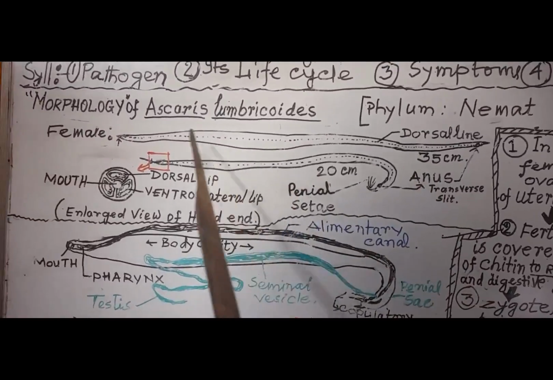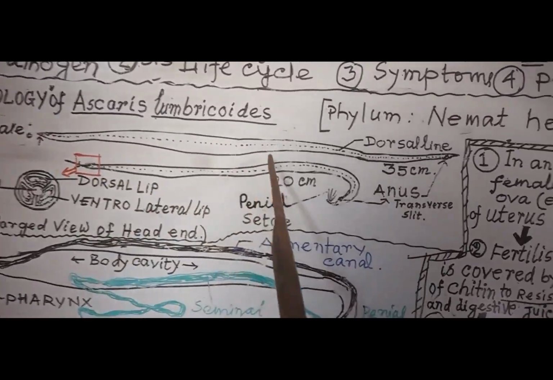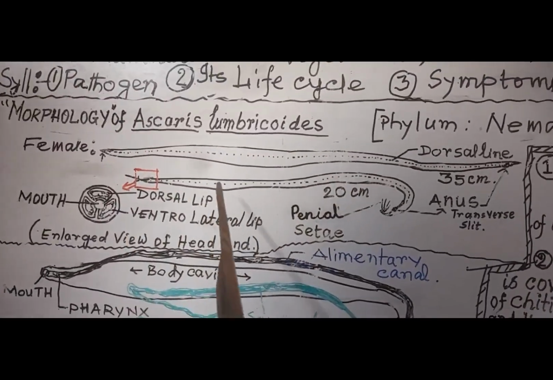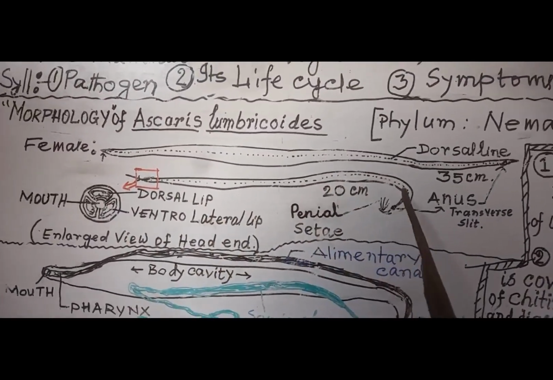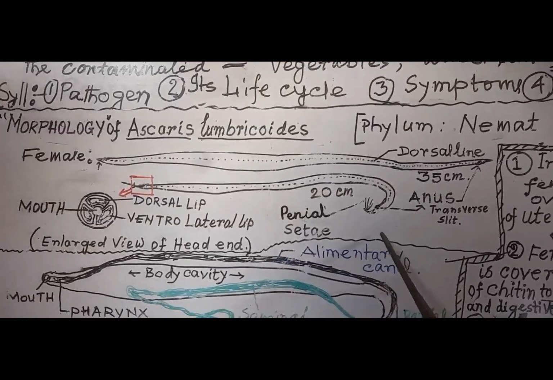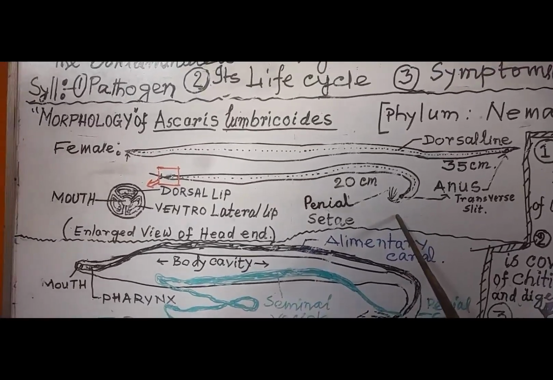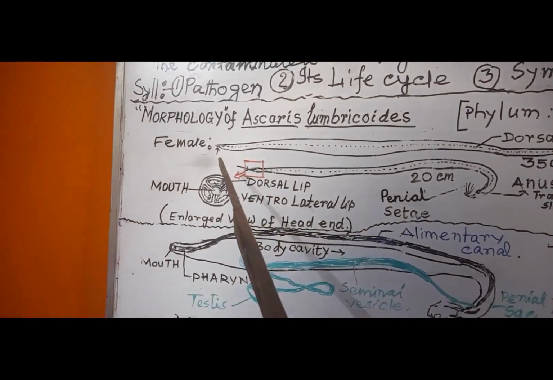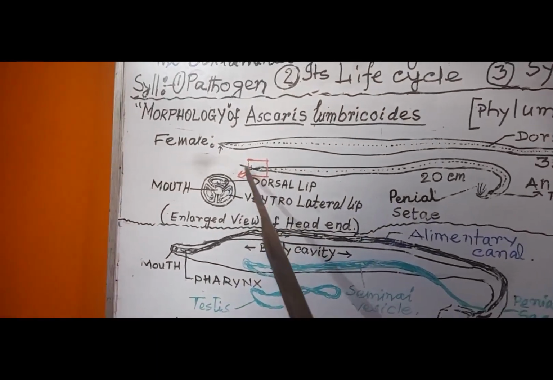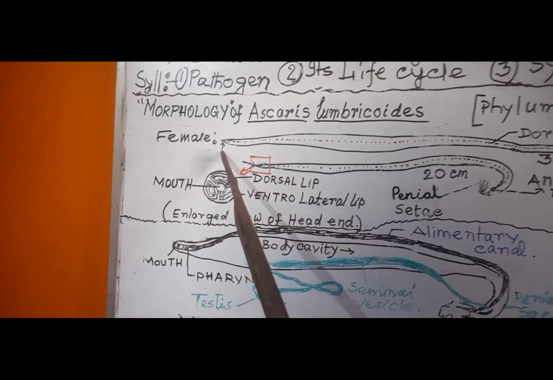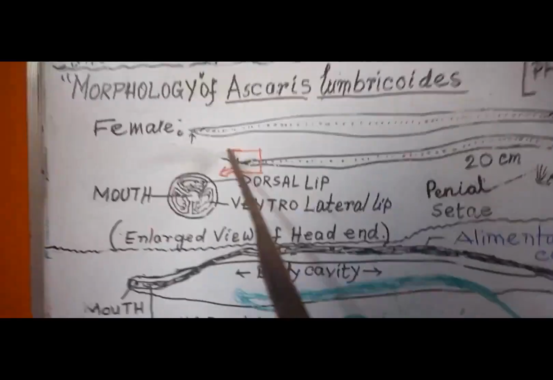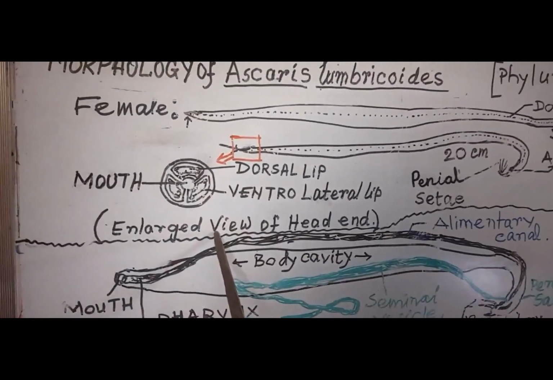They both have the dorsal line. This dotted line is the dorsal line, which indicates the dorsal side, and its opposite side is the ventral one. Then I would like to say about its mouth. The mouth is tapering, but in a section of the mouth we get this detailed structure.